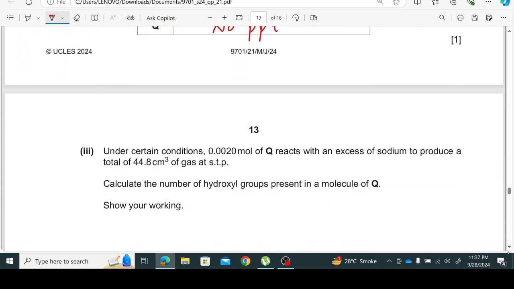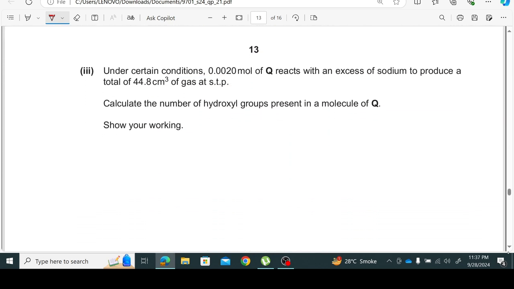Consider it. Under certain conditions, 0.0020 mole of Q reacts with excess sodium to produce a total of 44.8 cm³ of gas.